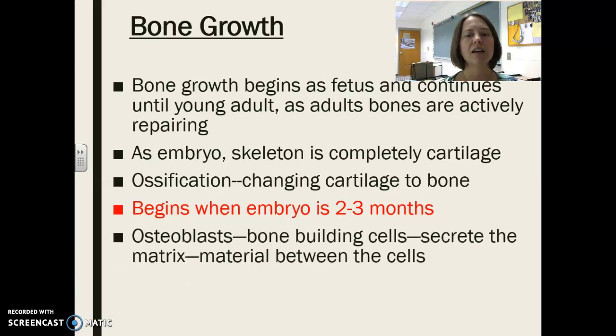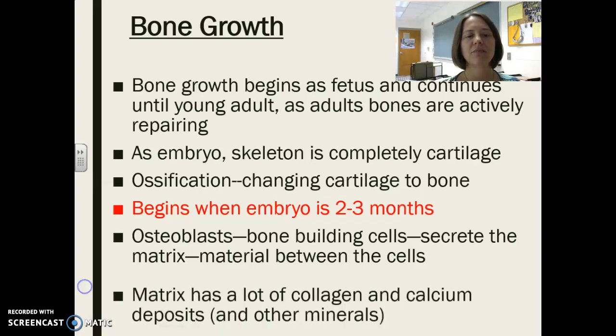So osteoblasts, which are your bone building cells, secrete the matrix, which is the material between the cells. If you remember, cartilage and bone are both types of connective tissue, which has living cells in a matrix.